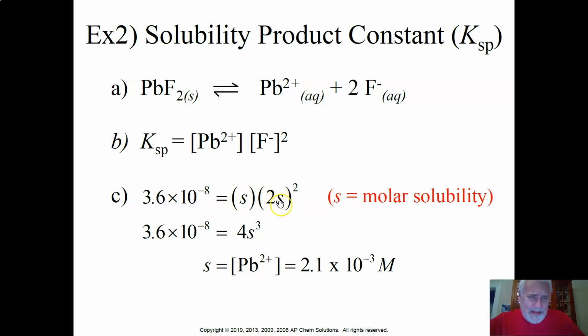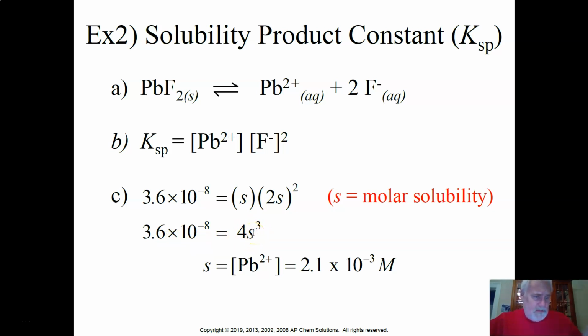We doubled the S and we squared it because this is a 1 to 2 molar ratio. We do that because of the concentrations, and we do the 2 because of our rule for writing equilibrium law expressions.